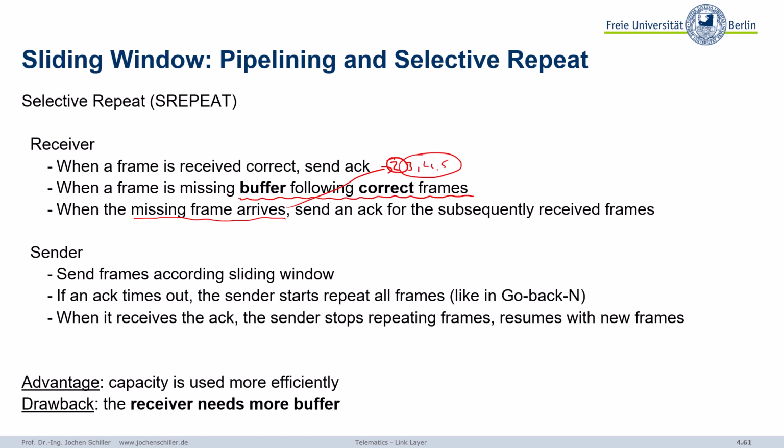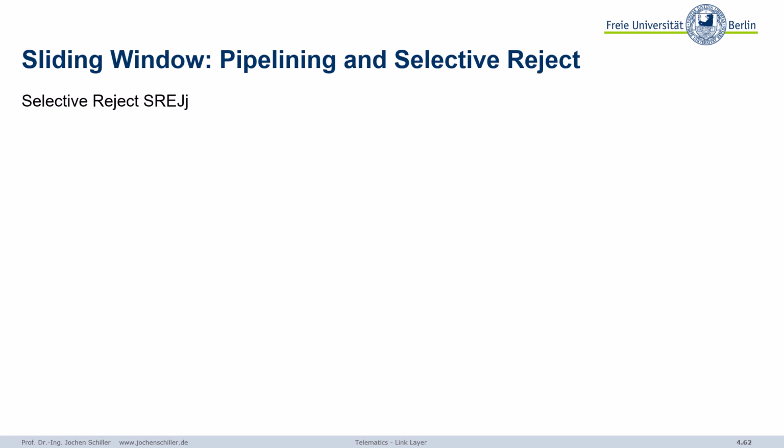Great. Still, the sender does maybe something a bit stupid, but that's still simple. Well, there's no acknowledgement. Then I behave like go back N and repeat sending. Oh, now the acknowledgement comes. I stop repeating it. So it's a bit better, but plus you need a buffer. Still not perfect. We can do better.